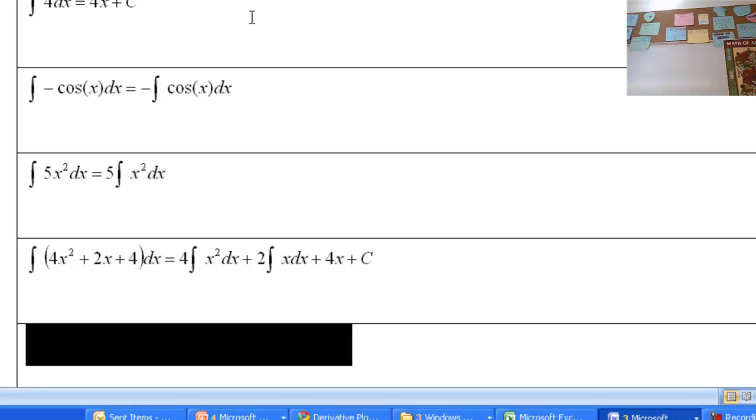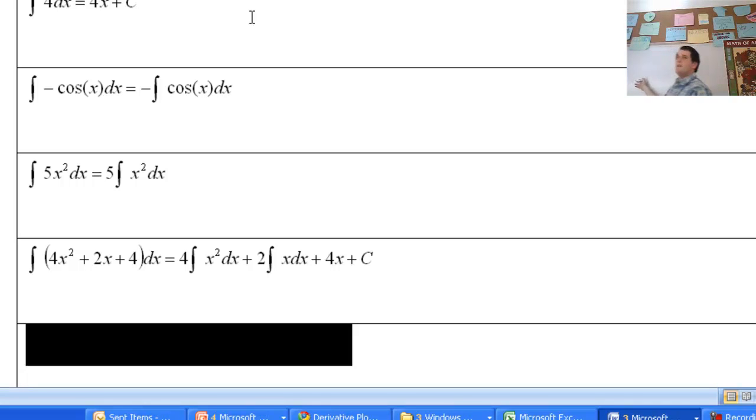So, I have the integral of 4x squared plus 2x plus 4 dx. First of all, would you guys all at least agree that I can bring the integral to all 3 of these individual guys? Yeah. All right, so let's do that. The integral of 4x squared dx plus the integral of 2x dx plus the integral of 4 dx.